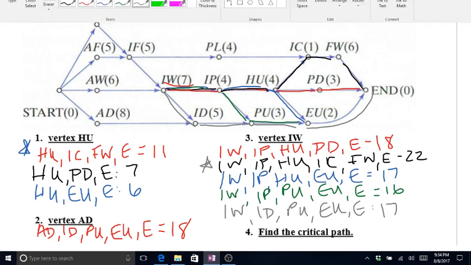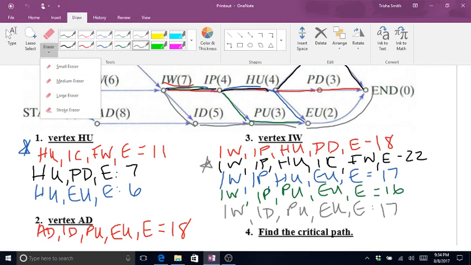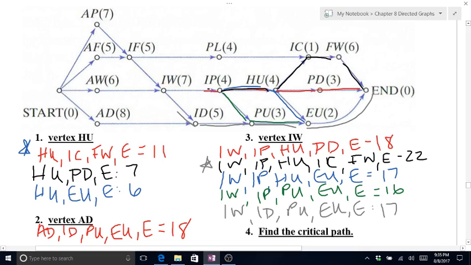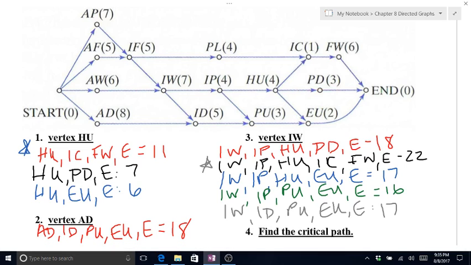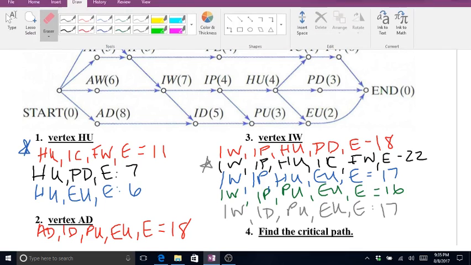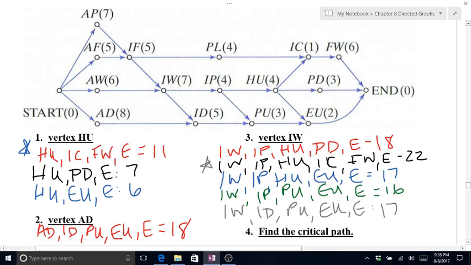And then your critical path overall. I'm just going to give it to you here because it's going to be way too hard until I teach you the trick.